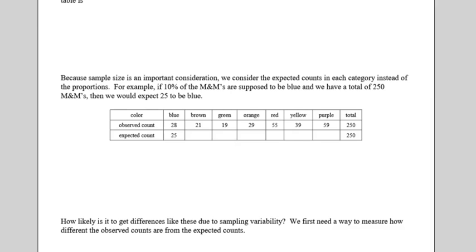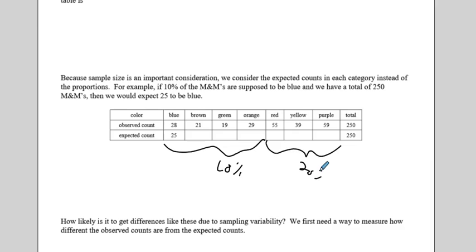So, we expected 10% for blue to orange. This was supposed to be 10% of the total. And this was supposed to be 20% each of the total, 250.